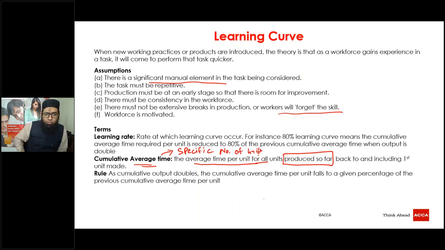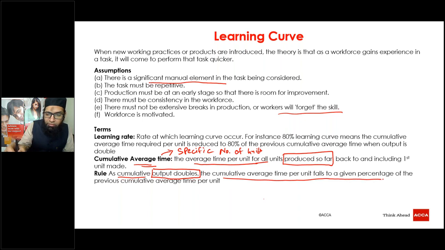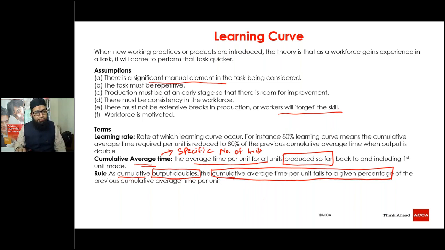That will also mean for every total number of units, the cumulative average time could be different. Now, the rule is as cumulative output doubles, the cumulative average time per unit will fall to a given percentage.